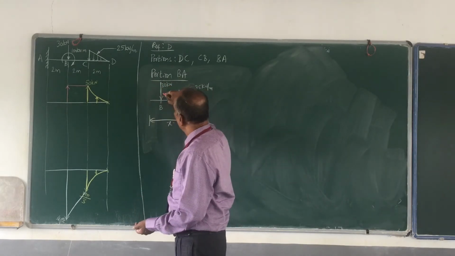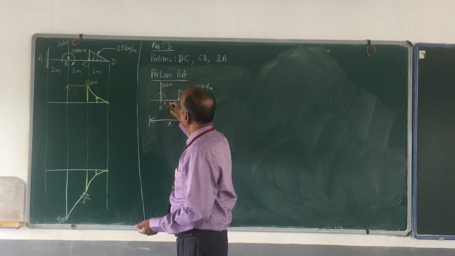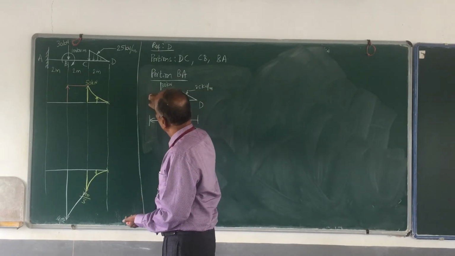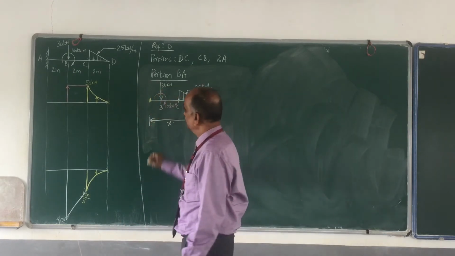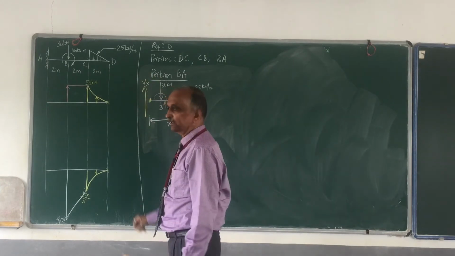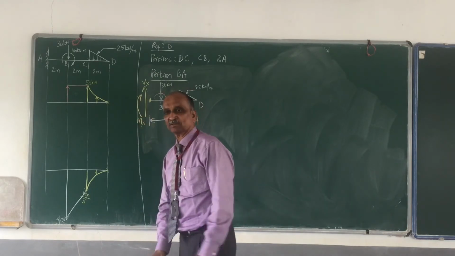Then at B, you also have a moment. This is 100 kilonewton meter. And this is where your section is. This is the section, and we are considering the right hand side portion. So shear force positive is Vx, and this is the bending moment Mx.